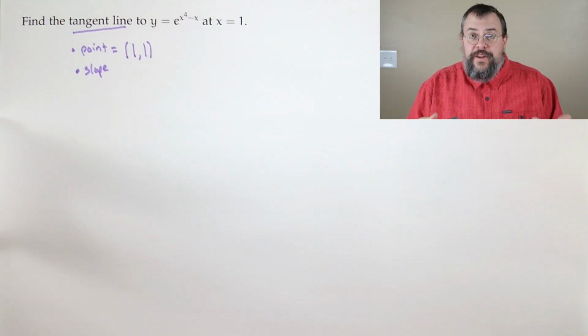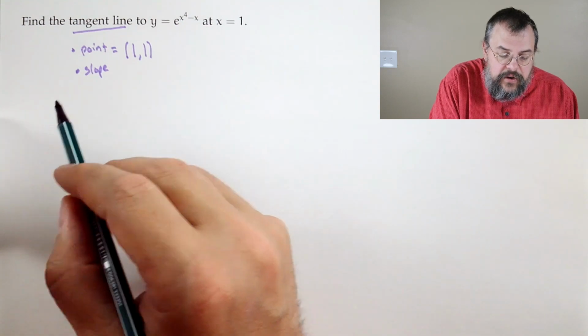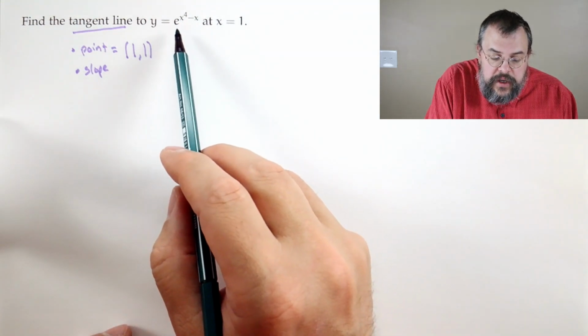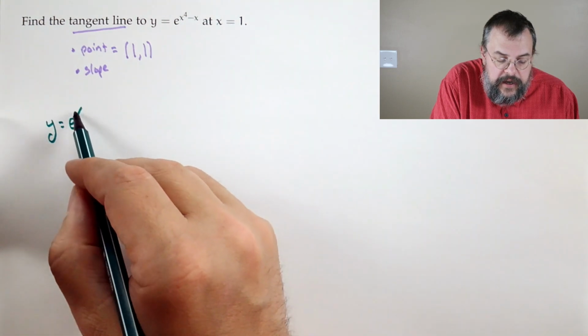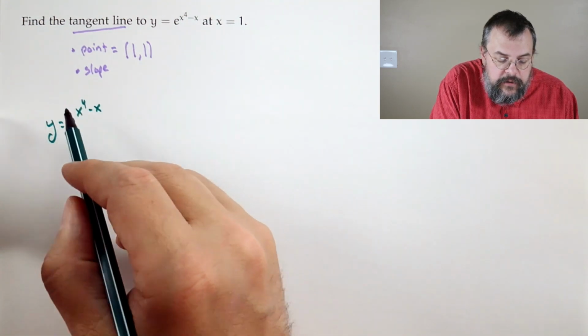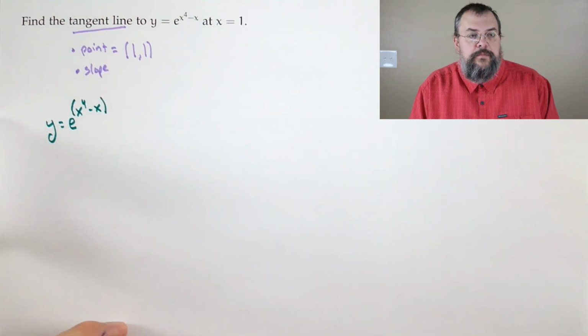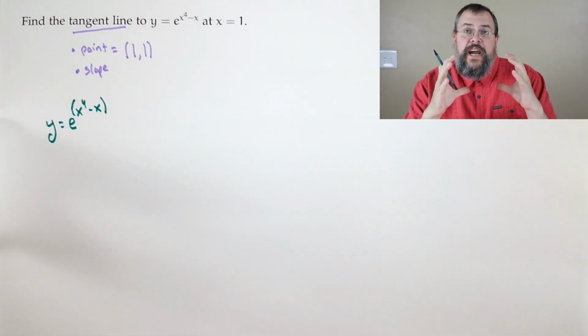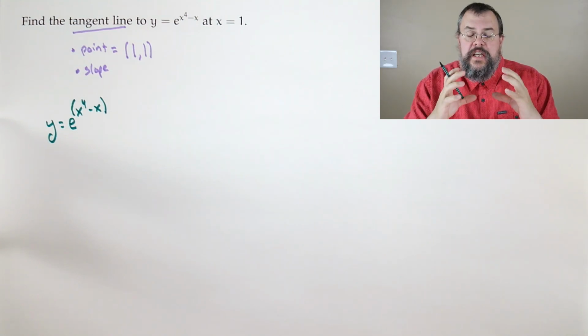So the way we find slope, that's our rate of change, it's our derivative. So we start with our derivative. Looking at our function, I'll write it down again, e to the x to the fourth minus x. If I put some parentheses here, it can really emphasize what's going on. The x to the fourth minus x is an inside function, and where is it inside?